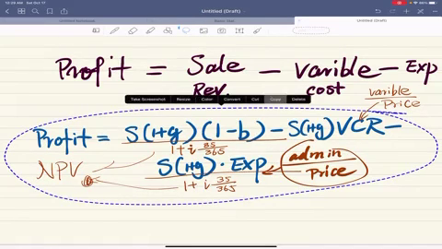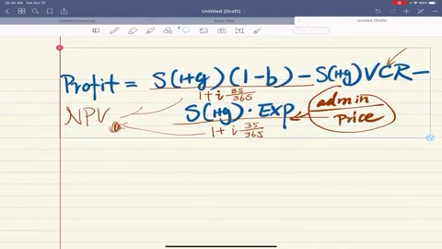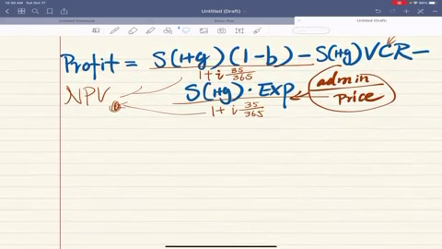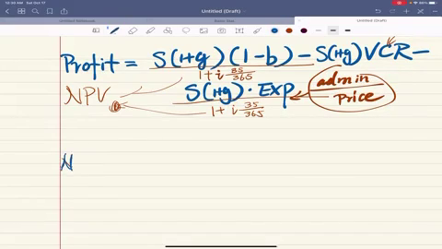Next, we shall extend it to assume that we offer the credit discount. Would that be different? Yes, of course. So the net present value would have two separate portions.